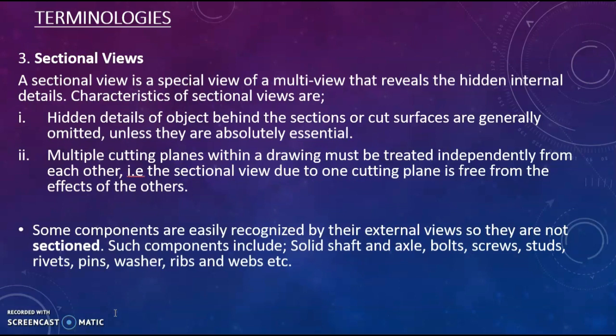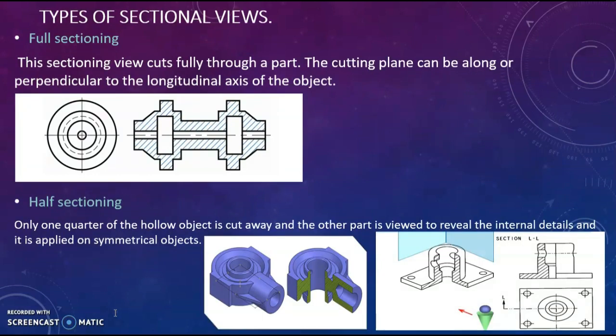Now let's look at the types of sectional view, how we can display or reveal hidden details, in what ways can we reveal these hidden details. The first type of sectional view is full sectioning.